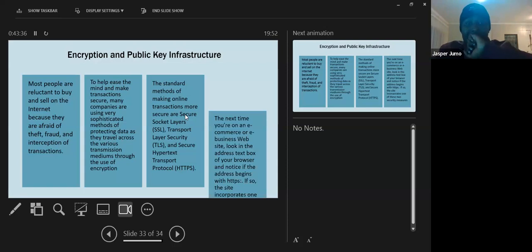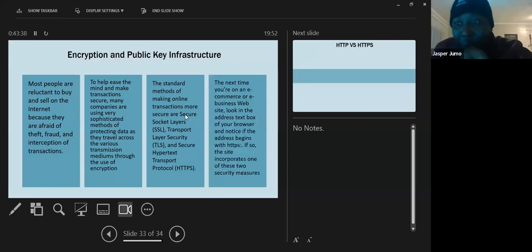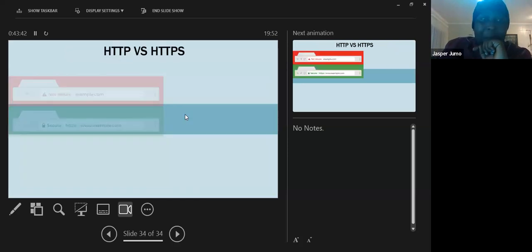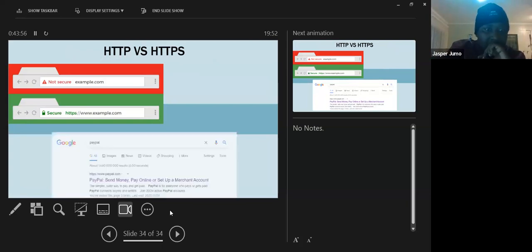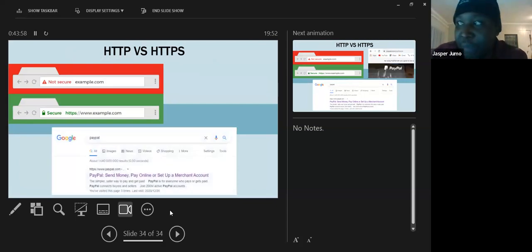Okay, so let me show you where this is very, very important. When you are making an online payment, this is a tip which is also part of this module we are learning now. Let's say you want to pay using PayPal. Now, can you see something?